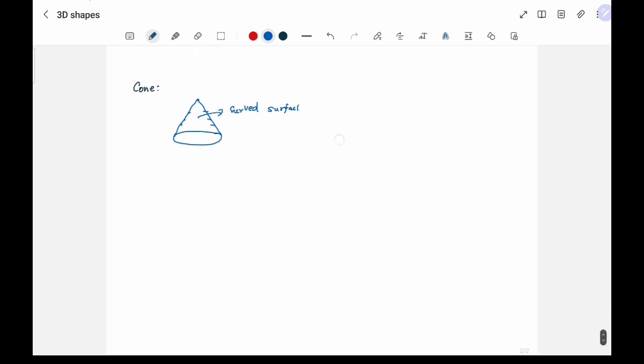Okay, so for a cone, the bottom radius r is defined and height h is defined, and there is a right angle. So we can also define what is called the slant height of the cone. So using the Pythagoras theorem, L square is nothing but h square plus r square.